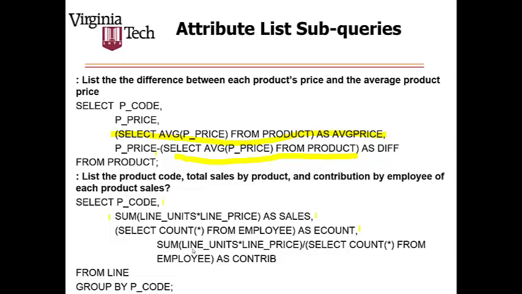And then I'm going to sum the units times the line price divided by the number of rows per employee as contribution. Well, that's interesting.